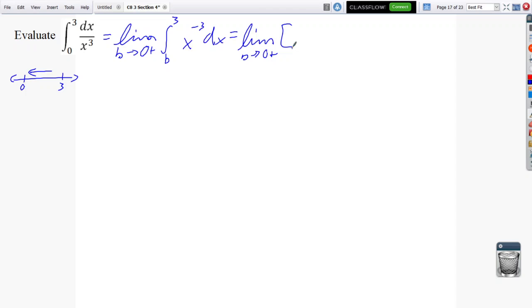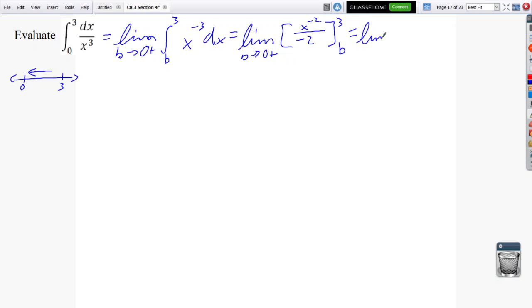-3 plus 1 gives me -2, so x to the -2 over -2 from b to 3. And I see that the x to the -2 over -2, I can convert that into -1 over 2x squared, taking that negative exponent and flipping it to the bottom.